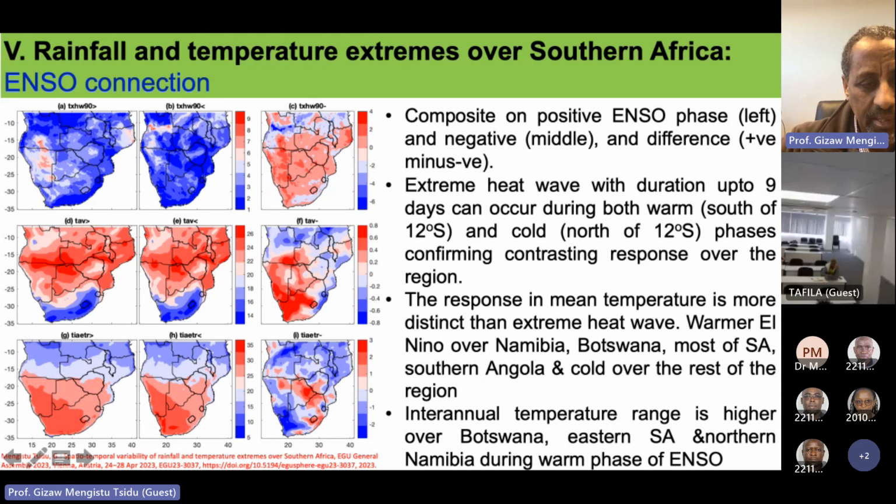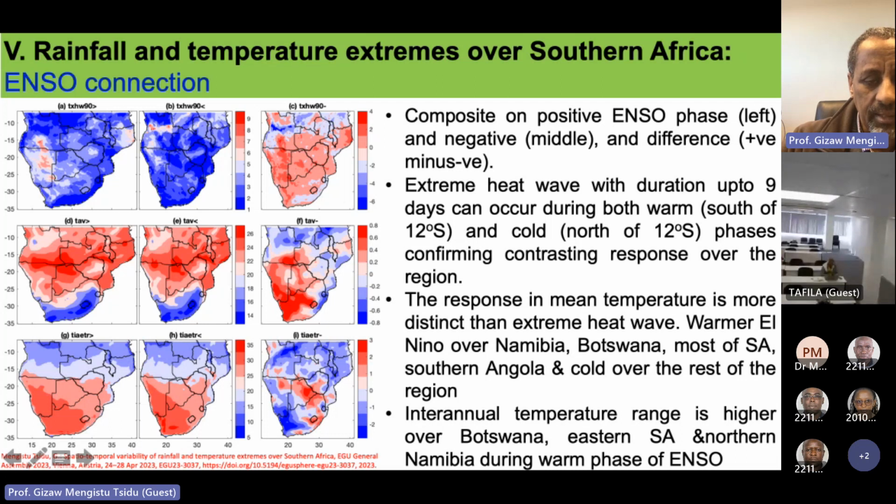So mean temperature is actually warmer during La Nina over this part, and also over the eastern coast of the SADC region here, Mozambique, South Africa, on this side of the ocean, yeah?